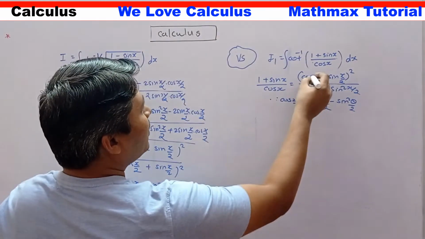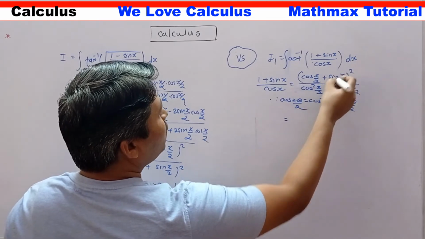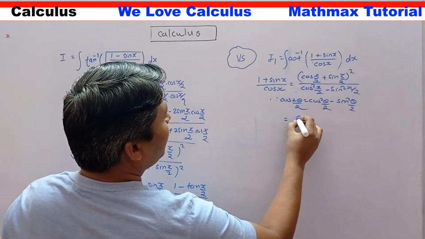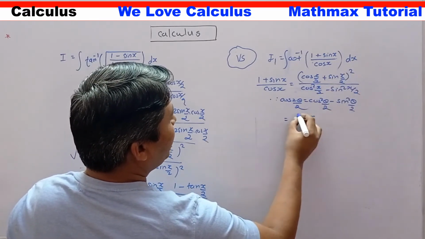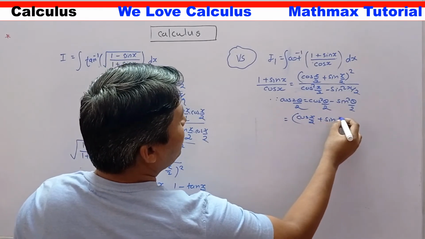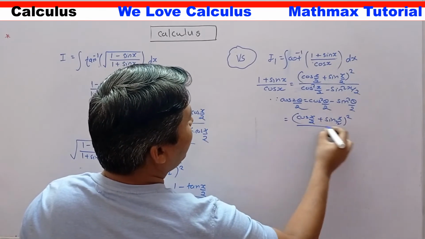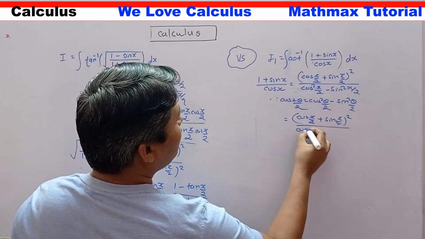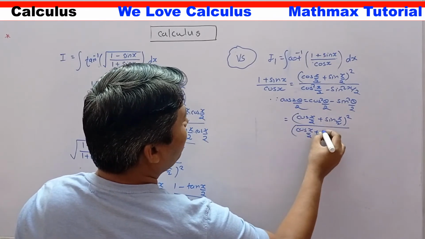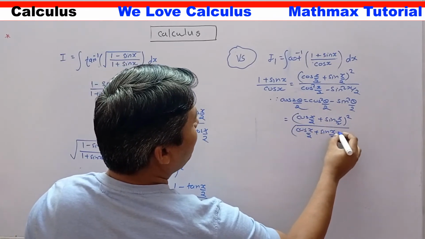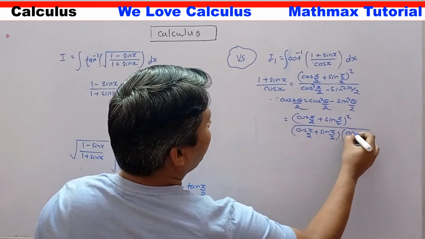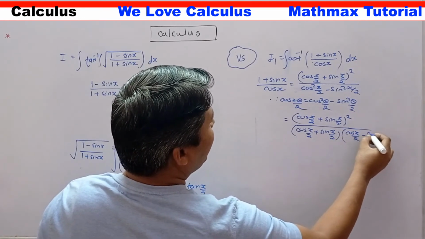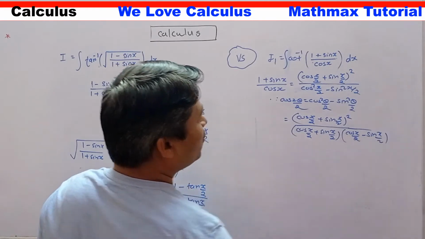Yes, okay, there we get two factors here. We can write it as (cos x by 2 plus sin x by 2) bracket square, also divided by the terms (cos x by 2 plus sin x by 2) and the other term (cos x by 2 minus sin x by 2).